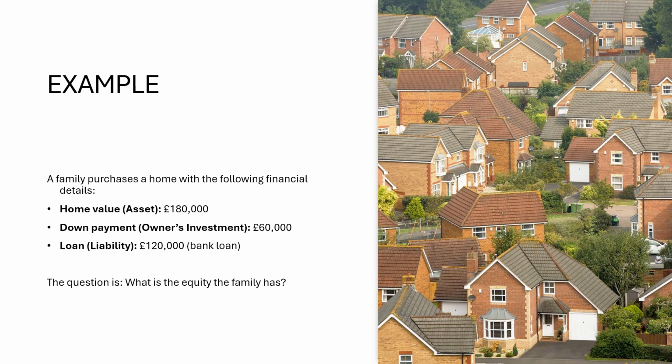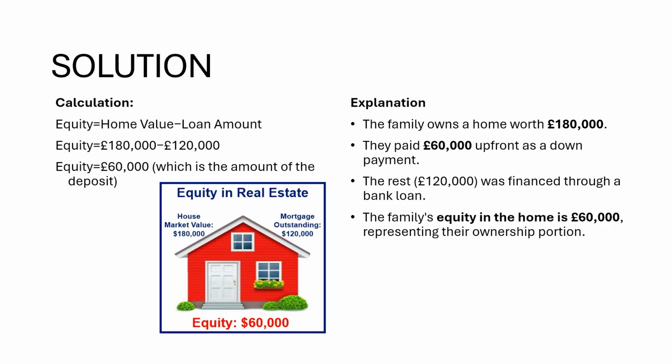The loan is the liability, which could be the mortgage, which is £120,000. So the question is, what is the equity the family has in this property? The answer is £60,000, which is the amount of the deposit.